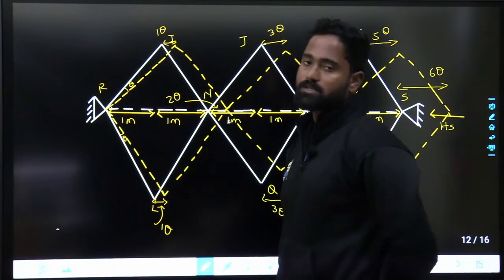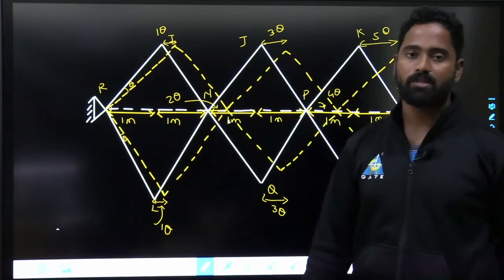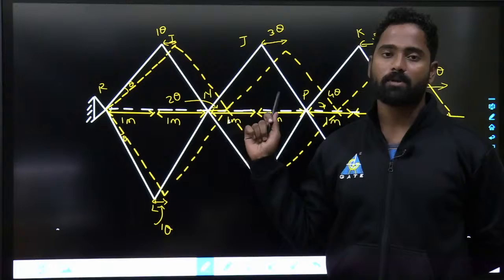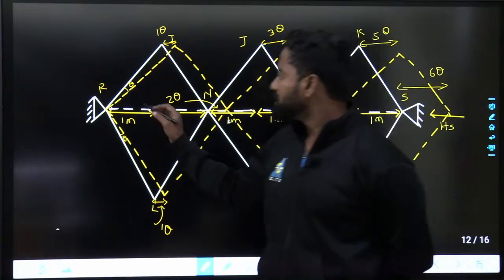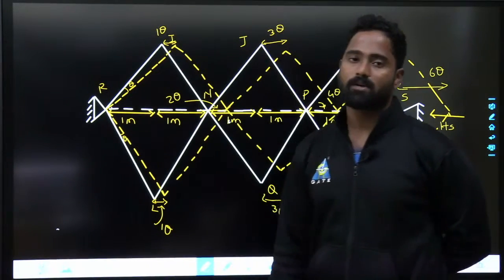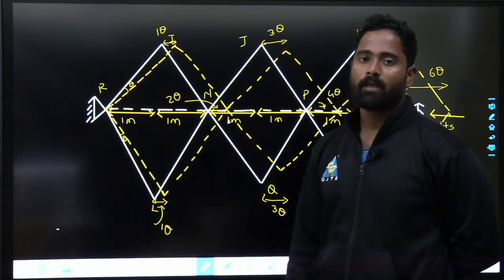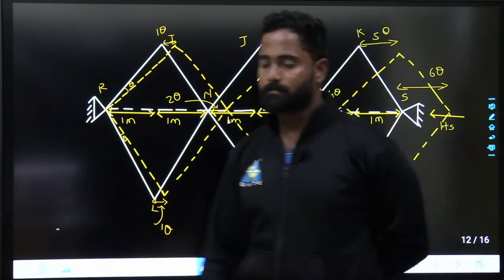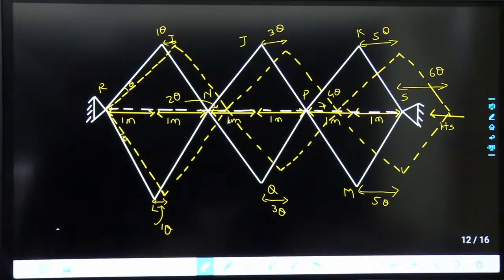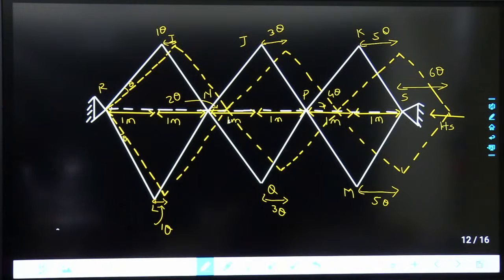Any doubts in this? You can ask me. Any doubts in this? Only in horizontal displacements, be very much clear. Since this is theta, I am taking this as 1 time theta. Any doubts? Please ask me. Any doubts? Please ask me.